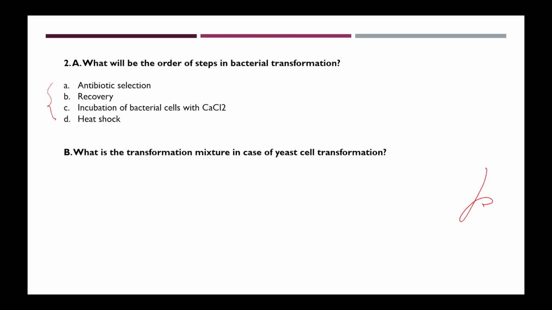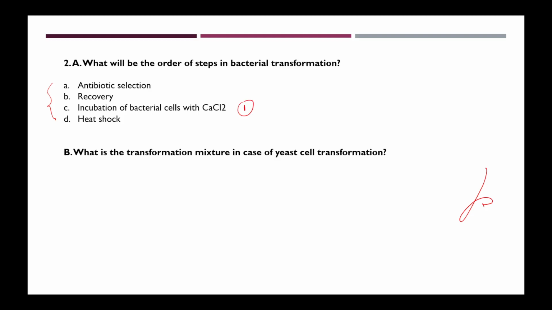Waiting for the answer. Out of these four, what could be the first step? We just now discussed: incubation of bacterial cells with calcium chloride. Yes, first will be incubation so that it can become permeable.